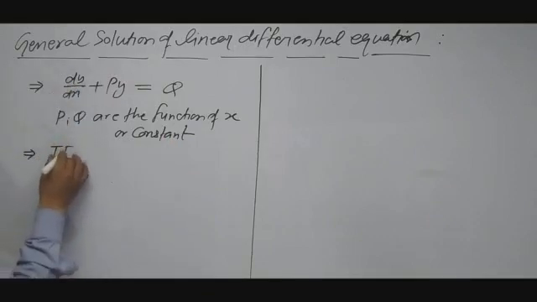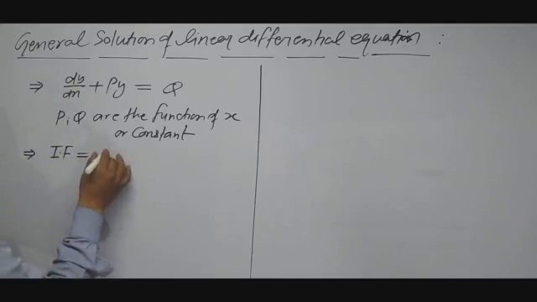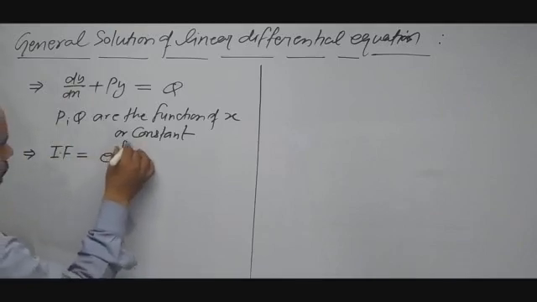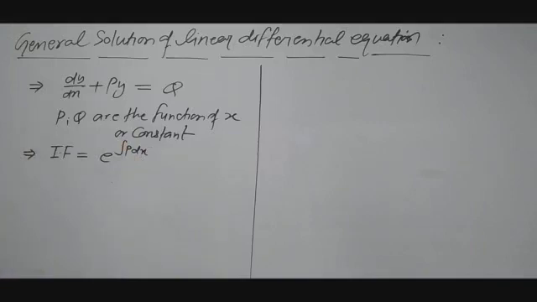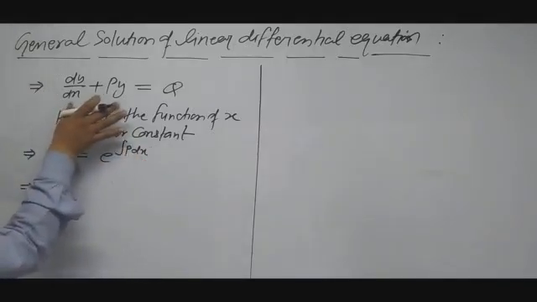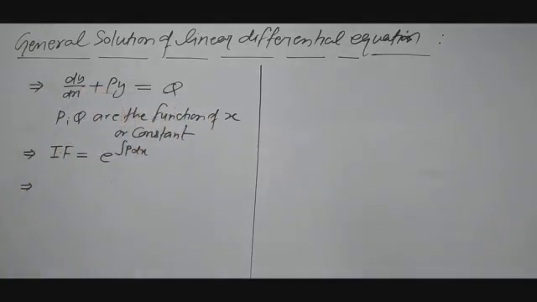For this equation, the integrating factor is e to the power integration of P dx. This is the integrating factor. Now in the third step, we have to multiply this integrating factor on both sides of the main equation.